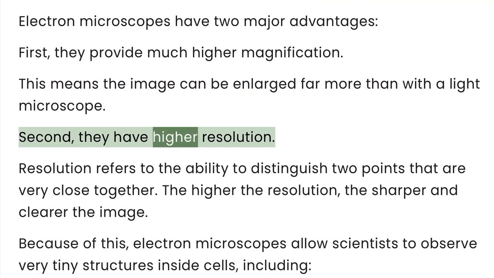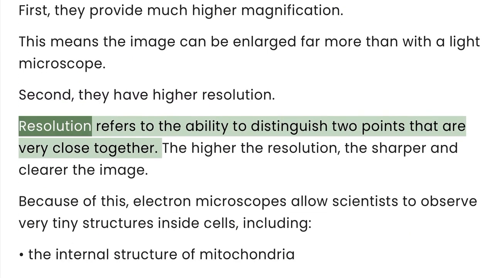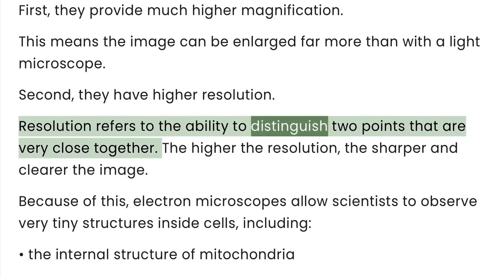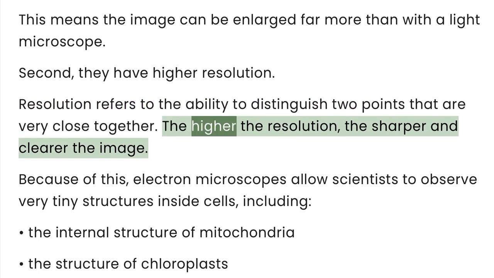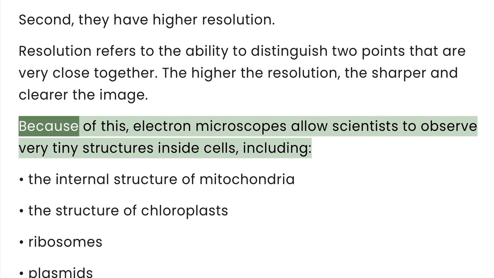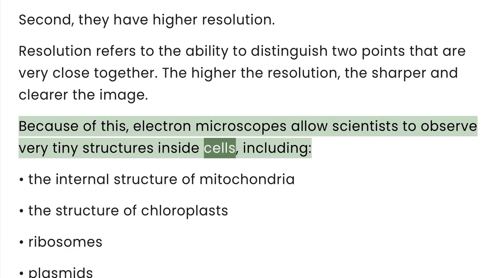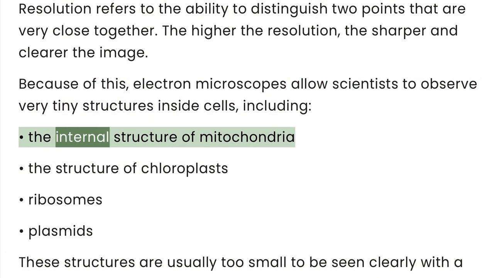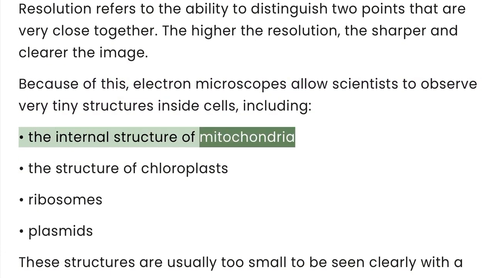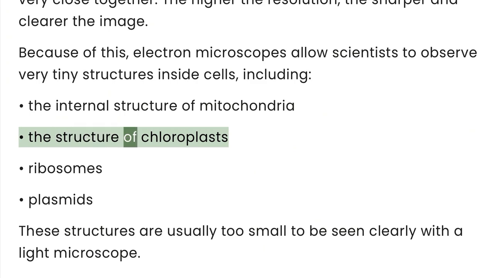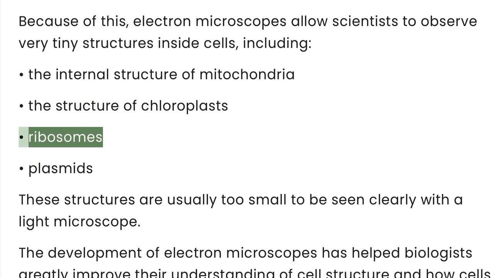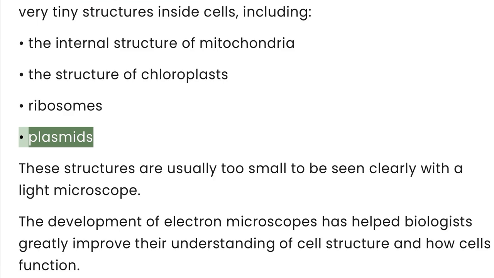Second, they have higher resolution. Resolution refers to the ability to distinguish two points that are very close together. The higher the resolution, the sharper and clearer the image. Because of this, electron microscopes allow scientists to observe very tiny structures inside cells, including the internal structure of mitochondria, the structure of chloroplasts, ribosomes, and plasmids.